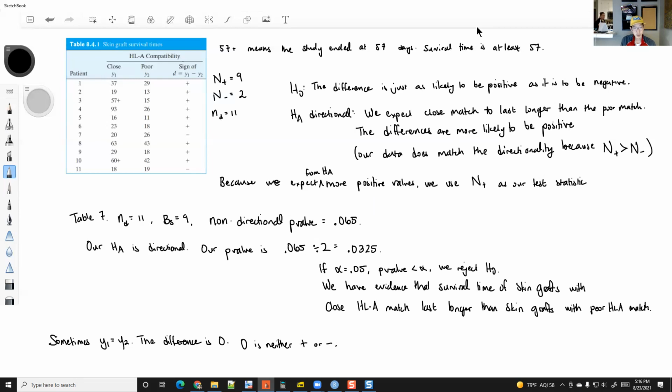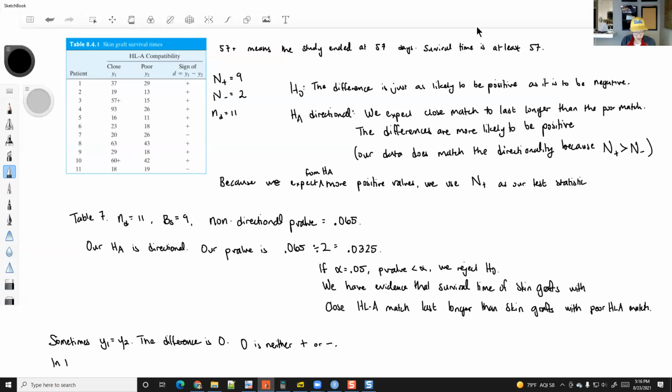So sometimes you ask, what's the sign of y1 minus y2? Sometimes you get 0 for the difference. If the before and the after is the same measurement, sometimes there's no change or something like that. So in these cases, basically you just throw that out, you just ignore that observation.